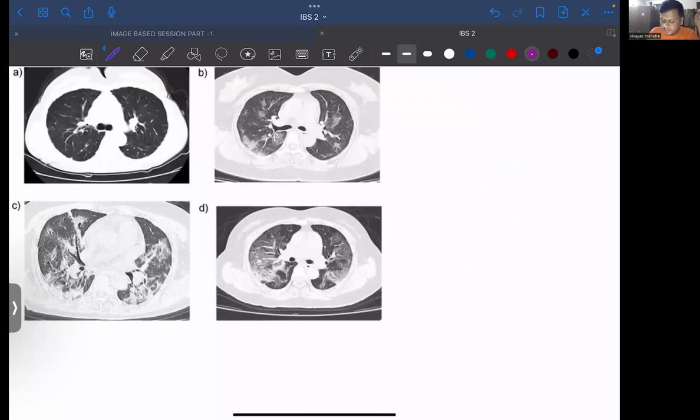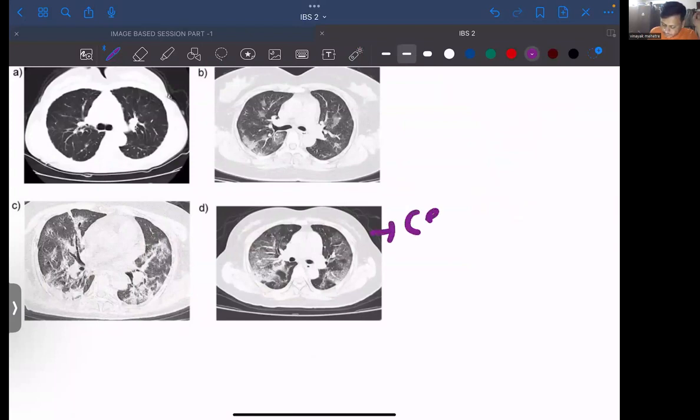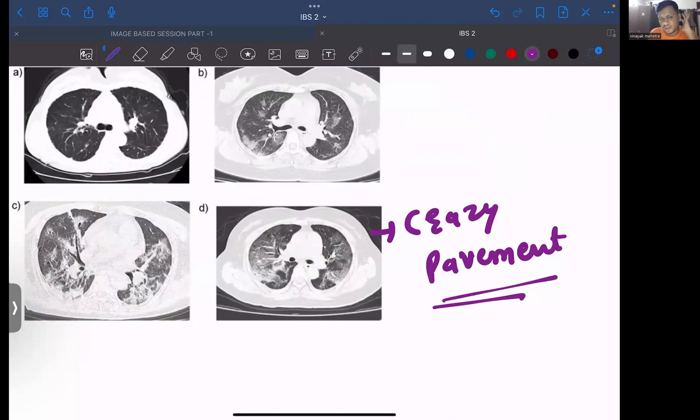Whenever you are not able to understand a CT scan, which is so whitish? इसी को बोलते हैं हम क्रेजी पेवमेंट. क्या बोलेंगे हम इसे? क्रेजी पेवमेंट. ओके, क्रेजी पेवमेंट.